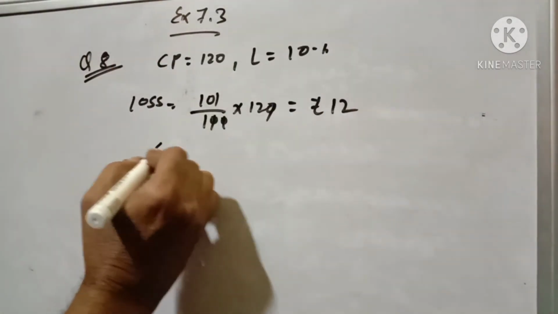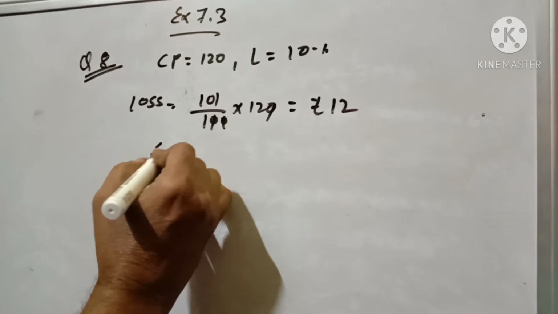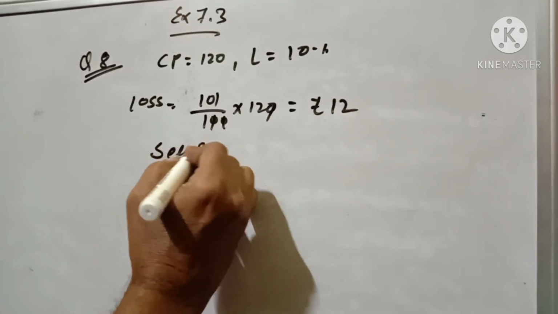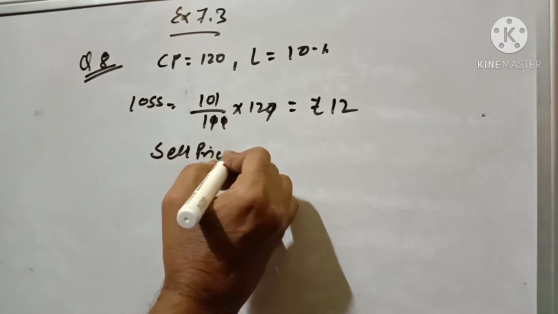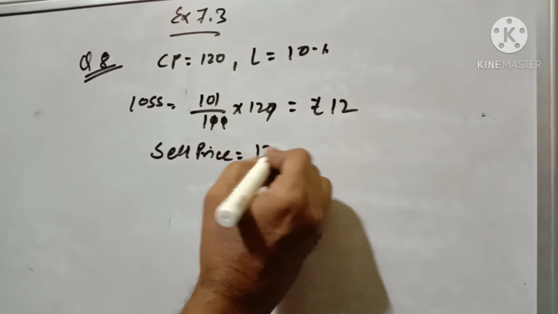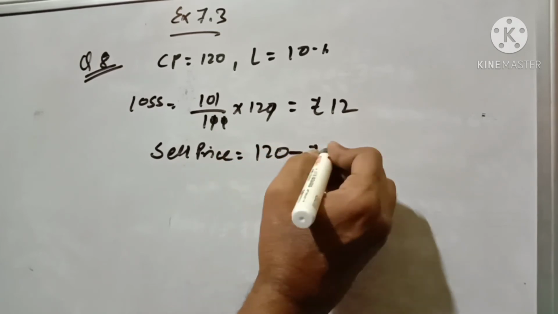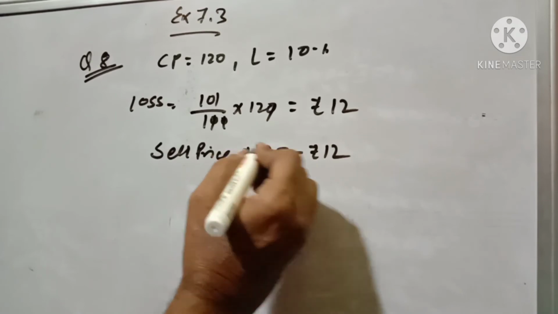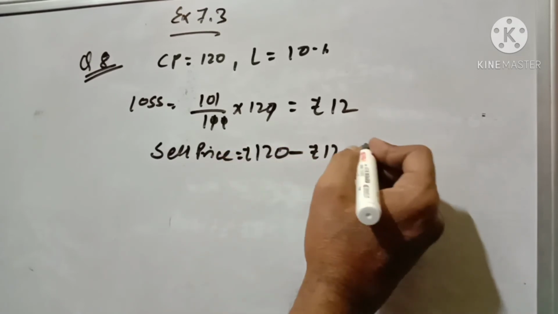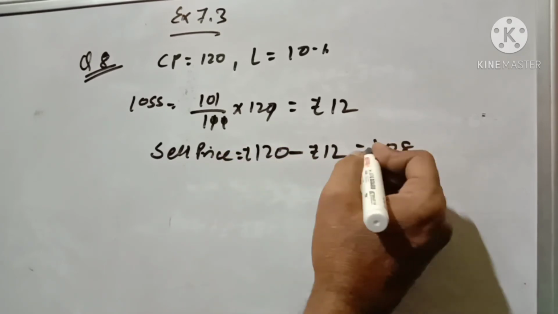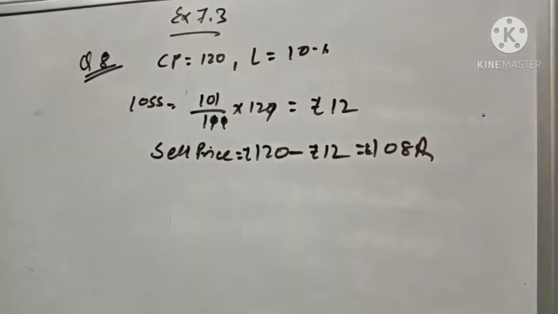Therefore the sale price, SP, equal to 120 minus 12, 108 rupees. Write down please.